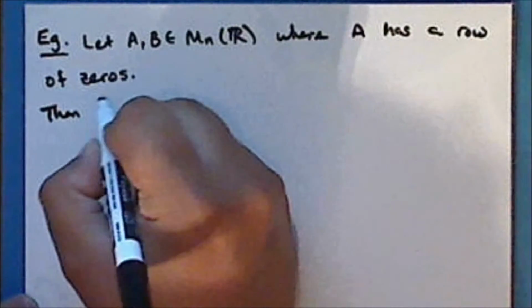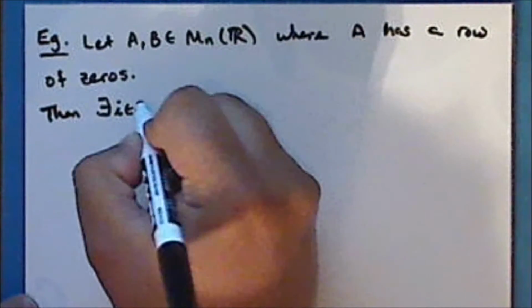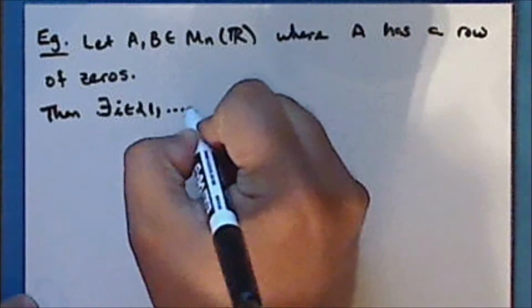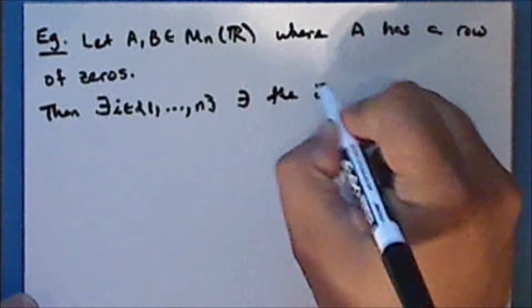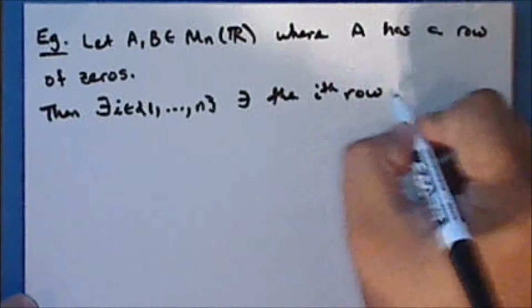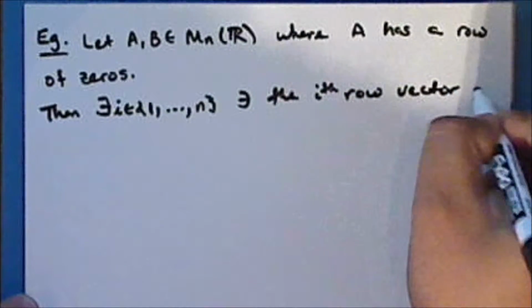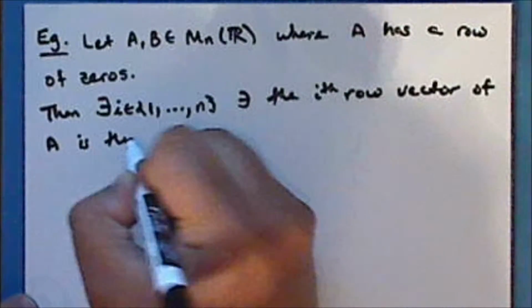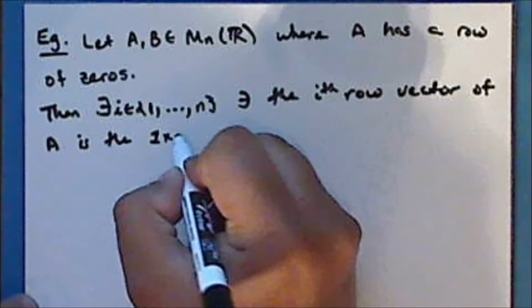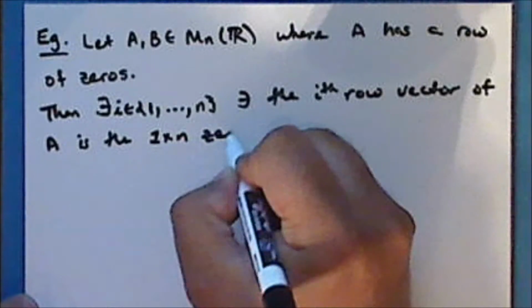Then there exists an index i in the range from 1 to n such that the ith row vector of the matrix A is the 1 by n 0 row vector.